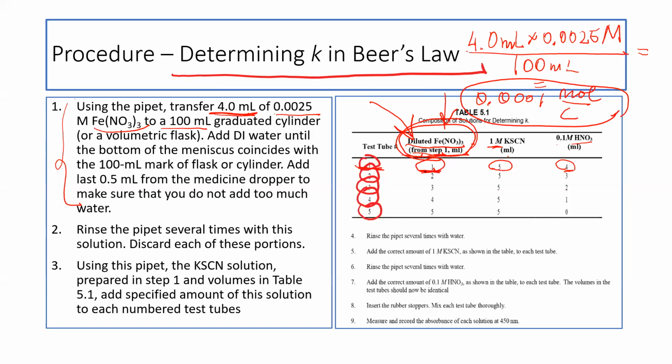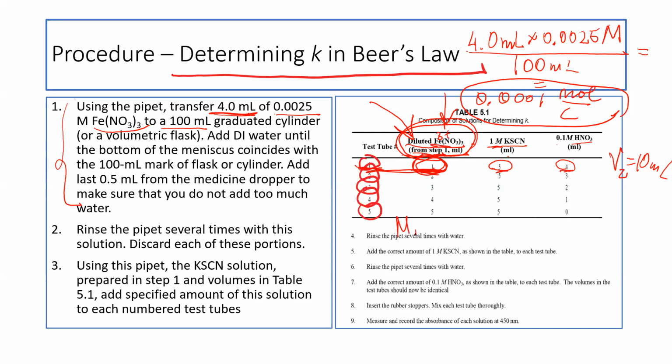Then we have to take 1 milliliter of this solution, add it to the test tube, and then add 5 milliliters of potassium thiocyanate and 4 milliliters of nitric acid. The total volume V2 will be 10 milliliters, right? How can we calculate the concentration of iron 3 plus and consequently iron thiocyanate complex for the first test tube? Very, very simple.